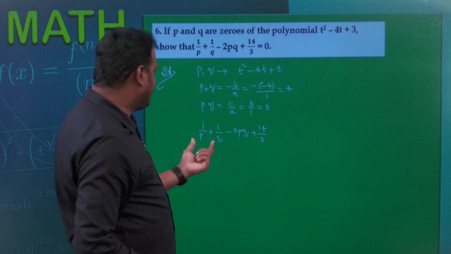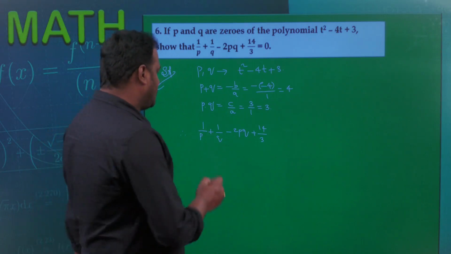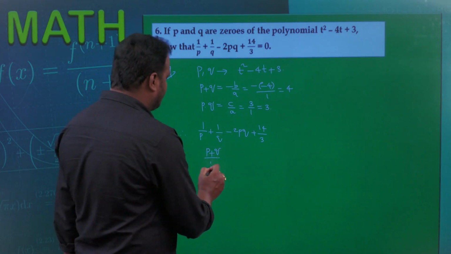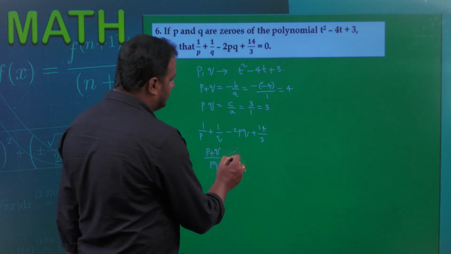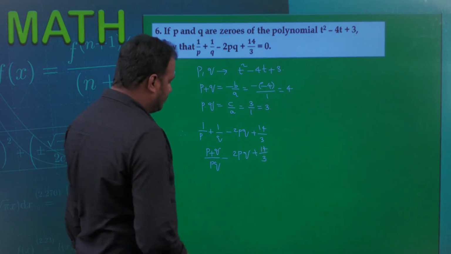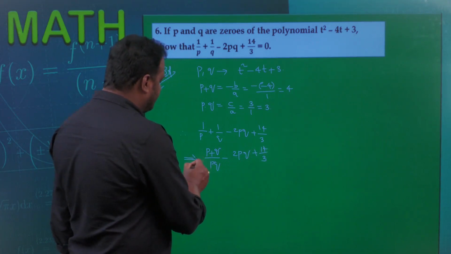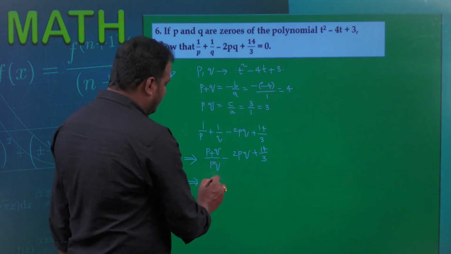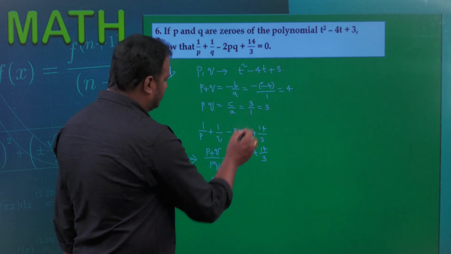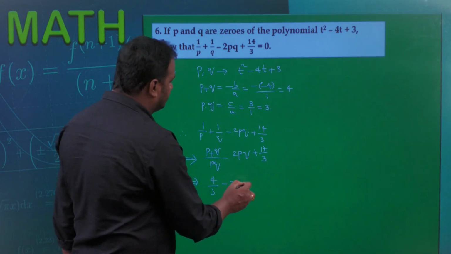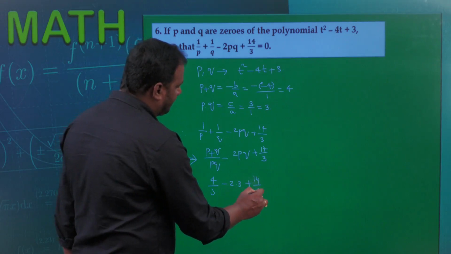First of all, simplify what is 1 by p plus 1 by q. 1 by p plus 1 by q is going to be p plus q by pq minus 2pq plus 14 divided by 3. I think you know the values of p plus q and p into q, right? p plus q is equal to 4 divided by p into q is equal to 3, minus 2 into pq is equal to 2 into 3, plus 14 by 3.